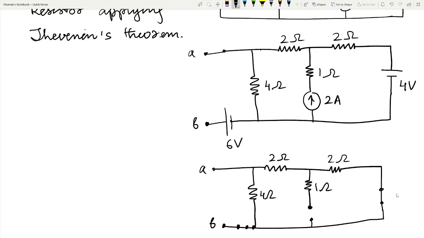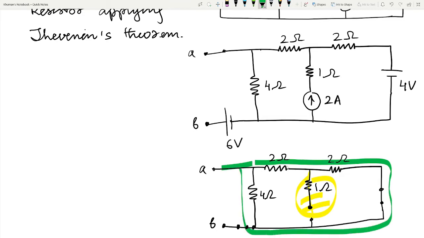Here what we can see is that this branch is open circuited, so no current will flow here. That's why current will flow only through this part.